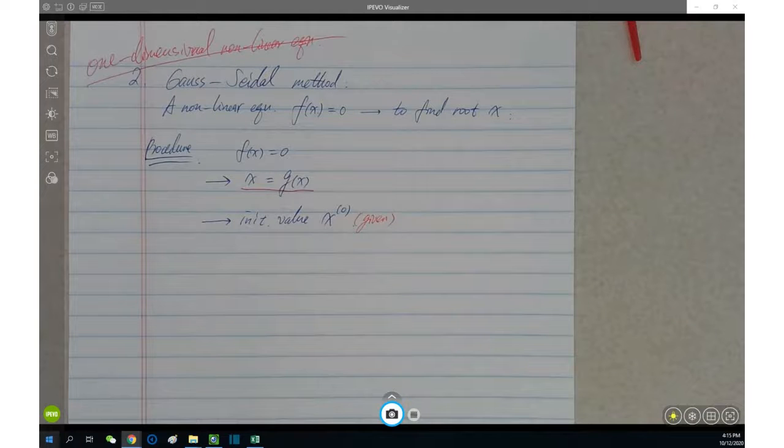Because trust me, if the initial value is not given, it is quite a big trouble. Since you have learned this before, you know that a different initial value might lead you to the correct answer or completely mess it up. This initial value absolutely matters. Luckily, in this course, it is given.